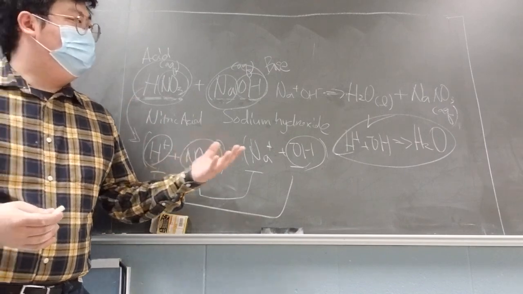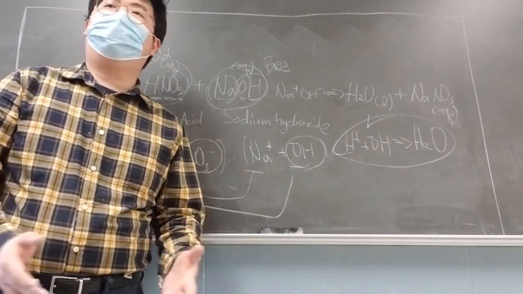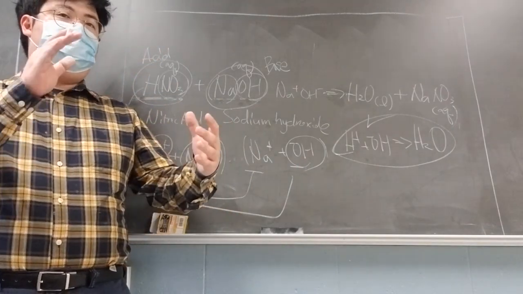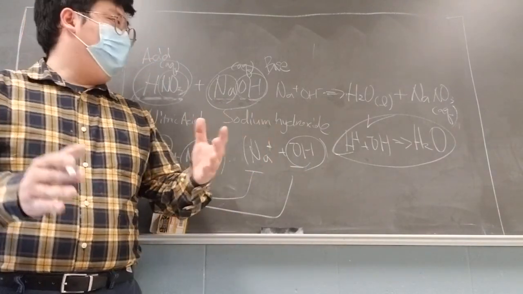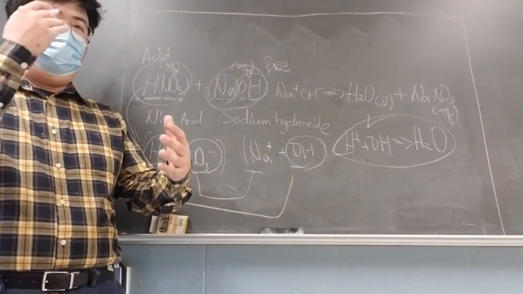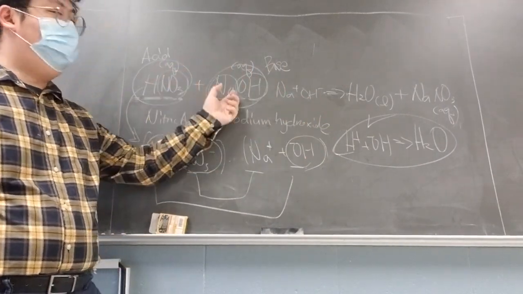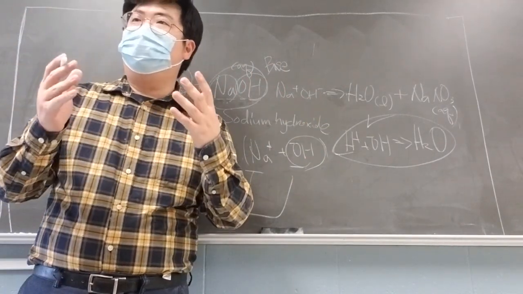Neutralization, and this is still your net ion equation. This is what actually happened in the mixture. On the outside it seems like nothing happens, right? But on the inside you actually see the formation of water, you just don't see it with the naked eye.